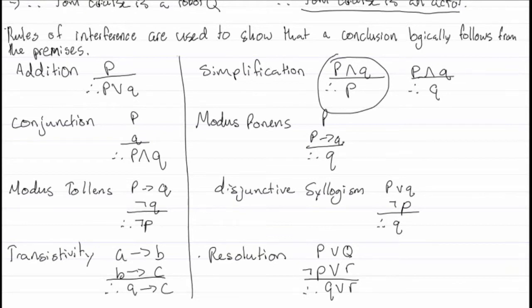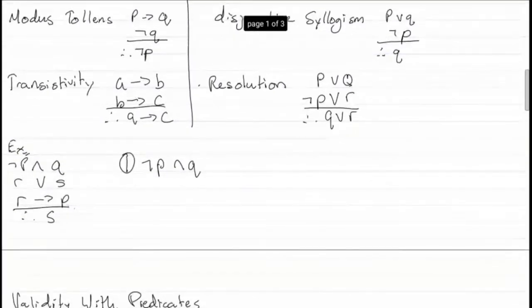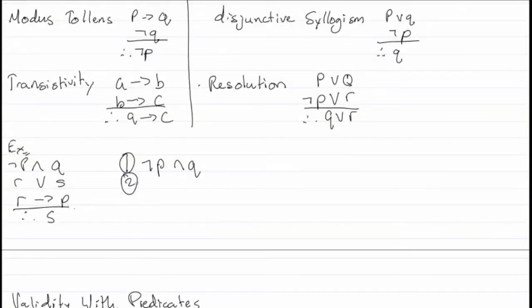So say we wanted to use this on this premise right here. We see that we have a not P and a Q. Well, which one would probably be the most use to us? Well, we can see here we have a P right here, so I guess a not P would be the most useful to us. So let's simplify this down to a not P. So I did a simplification right there.